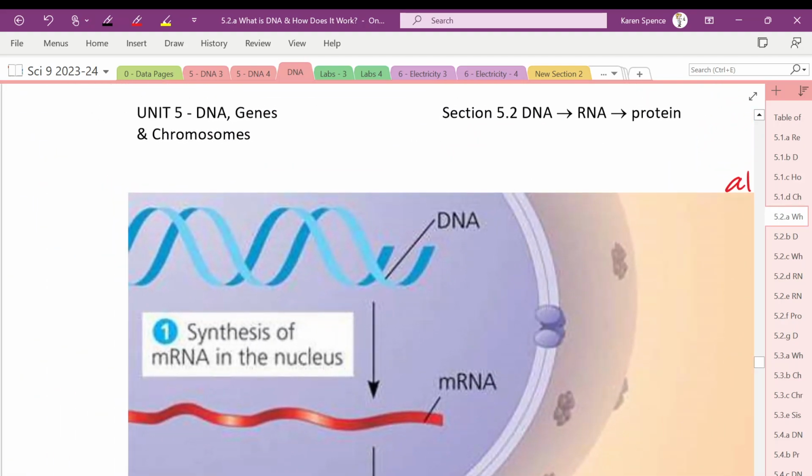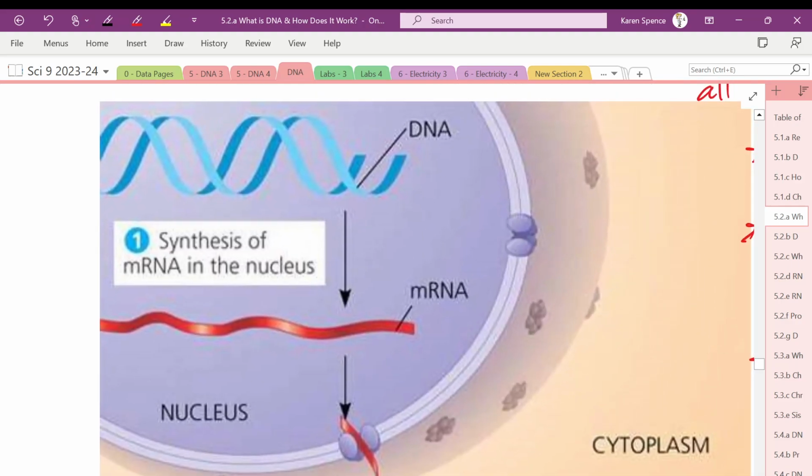So in the nucleus, here we have the nucleus. We have the synthesis of the mRNA. What does M stand for? Messenger. So this is no different than what we were looking at before. We make a partial copy of the DNA, and that partial copy is RNA.